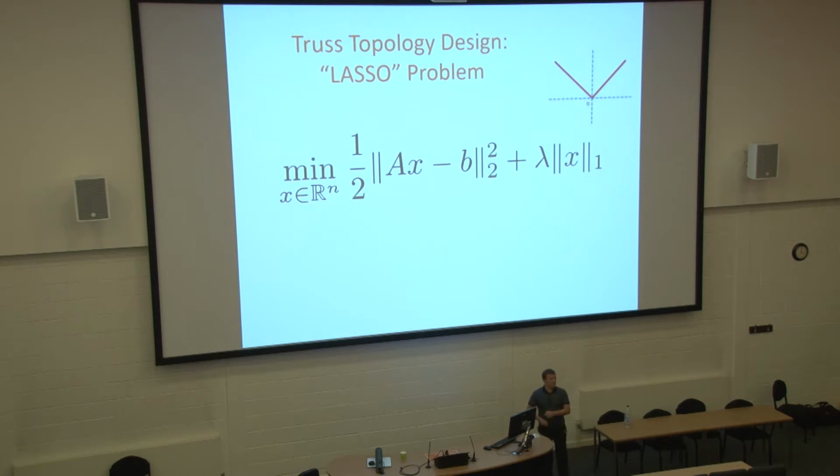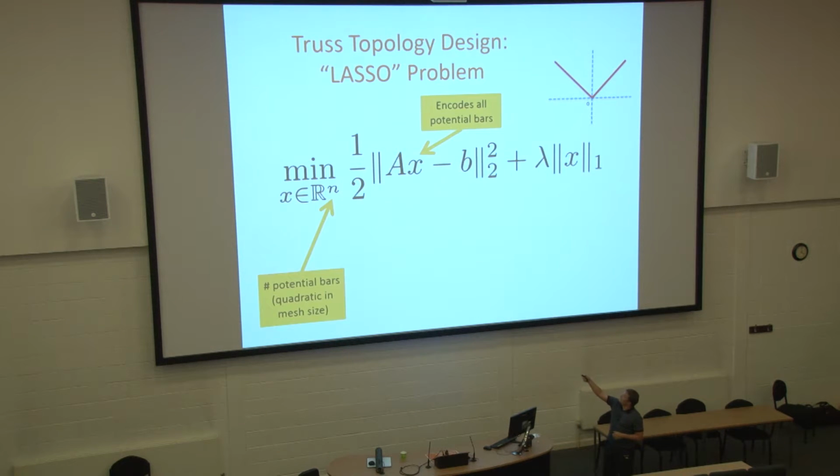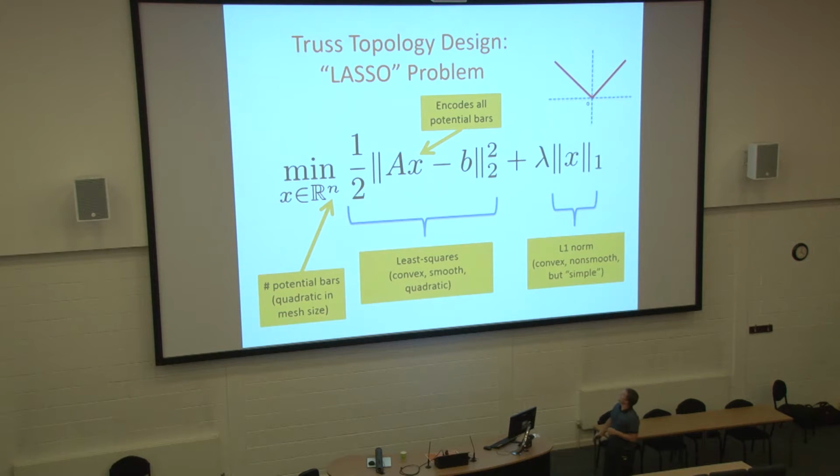Now you go into the physics of this, which I don't understand, but I read up on it, right? And in the end, when you write down the physics, you get this problem to solve. Okay? It's exactly the same problem. Now in this matrix A, you have the physics encoded, and the sparsity of x is actually visible in the picture because x has as many dimensions as there are potential bars in the discretization.